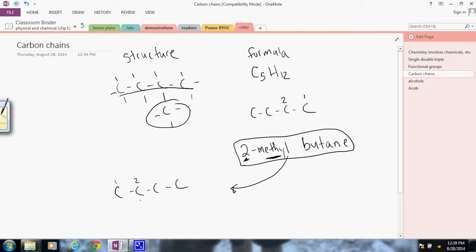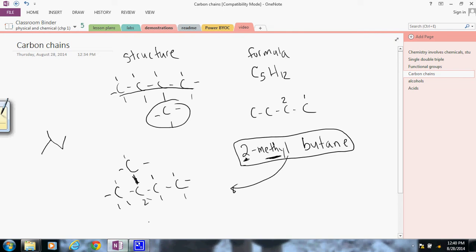Again, there are hydrogens all over here, and this is 2-methylbutane. Another way of drawing this would be using just the ball and stick method. That's butane, and you draw a little branch off like that. That is another way of showing 2-methylbutane.